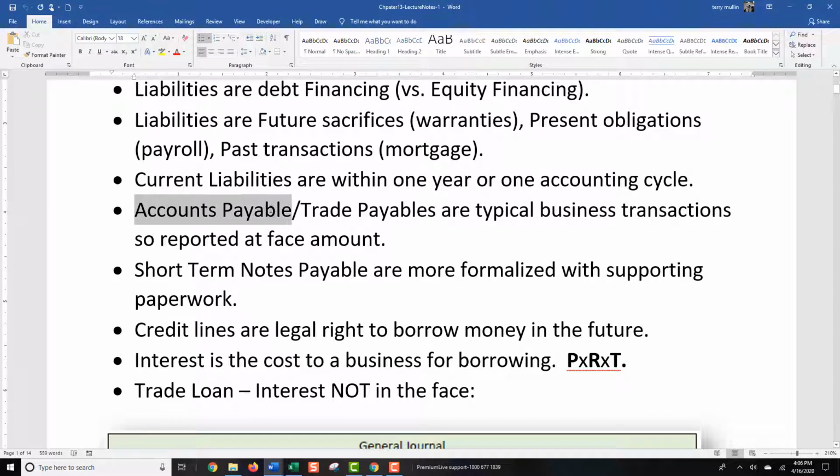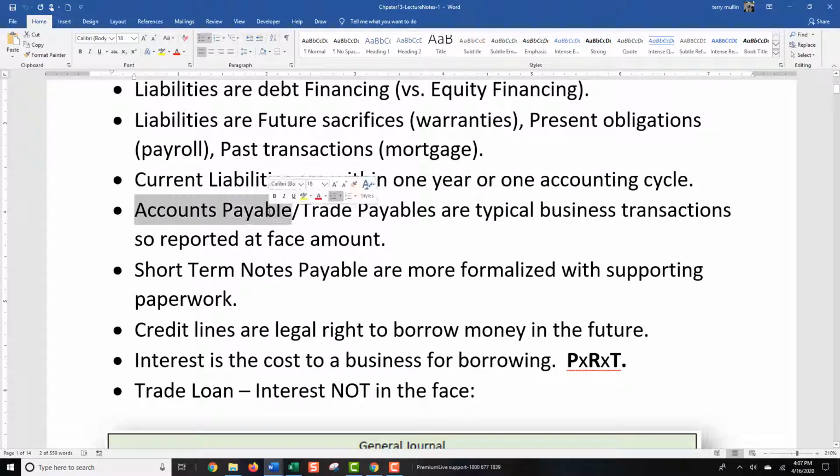Accounts payable then are bills that you're going to pay within 1 year. It's also called trades payable. And these are recorded at the face amount that you owe. And then we also have short-term notes payable. And notes payable are different than accounts payable. They're just more formalized. So you're going to take out a 90-day note from a bank. That's going to have supporting documentation, paperwork, where you go in and sign papers.